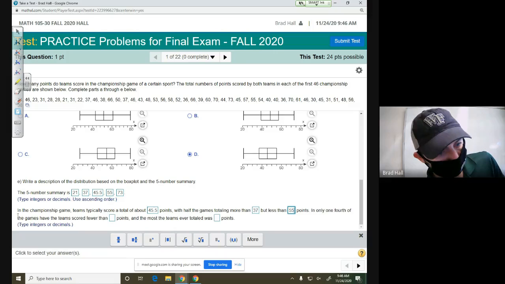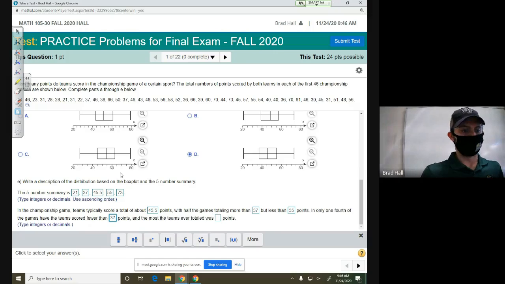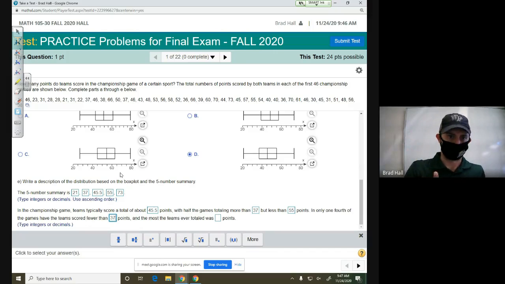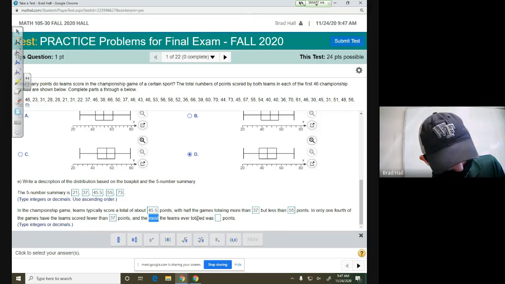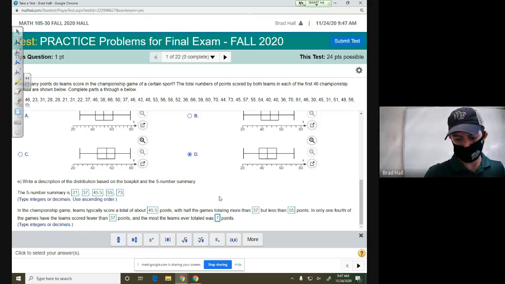And only 1/4 of the games have the team score fewer than the first quartile. It's from the first quartile to the lowest value, which is 21. That's a 25% step, or in other words, 1/4. And then the most the teams ever totaled was the maximum, 73.